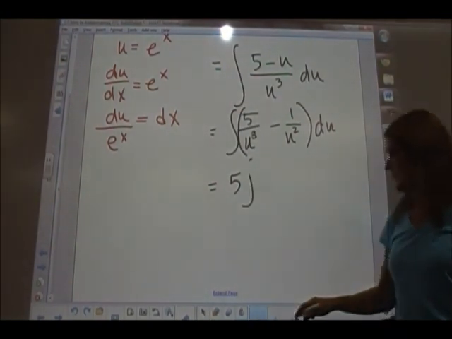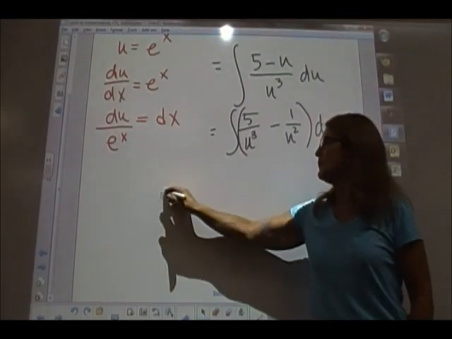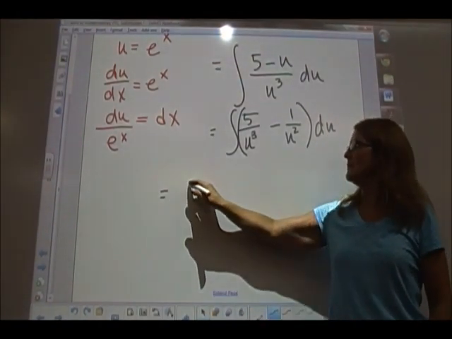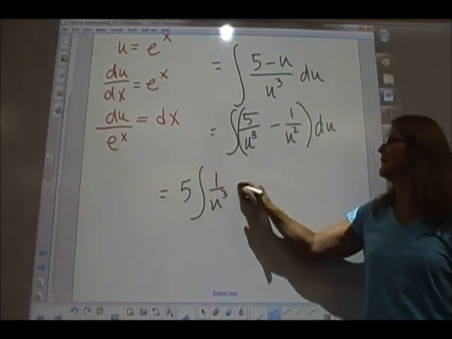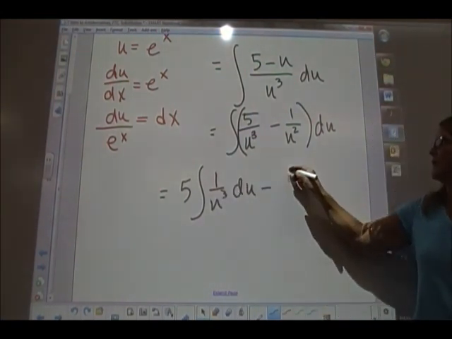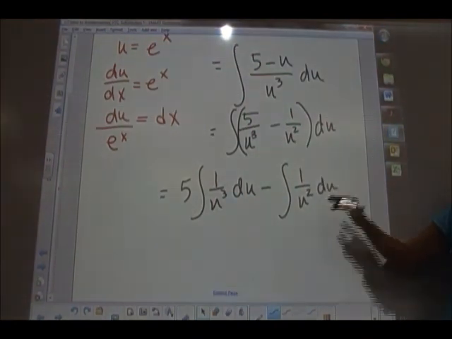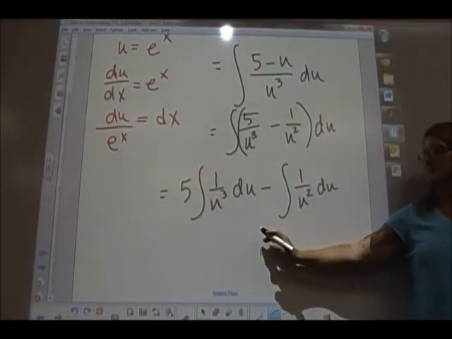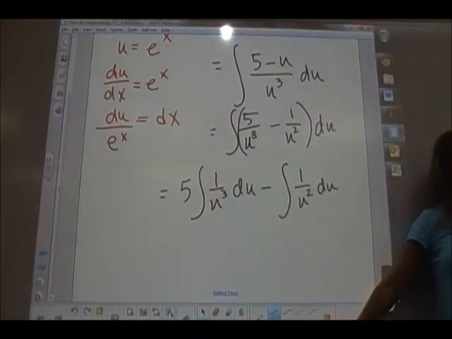If we split it up into 2 fractions. Let me rewrite this so everybody sees why. You all right with me doing this? 5 times 1 over... There you go, okay. Well, now those are both the same as u to the negative, aren't they?